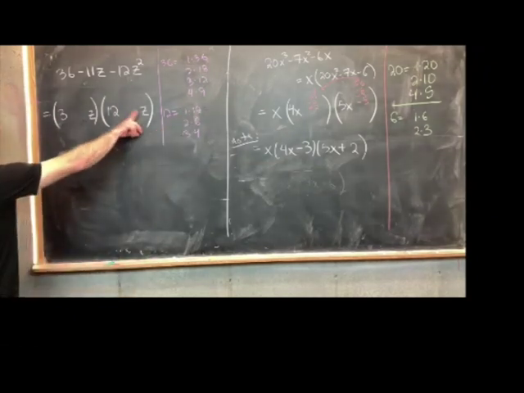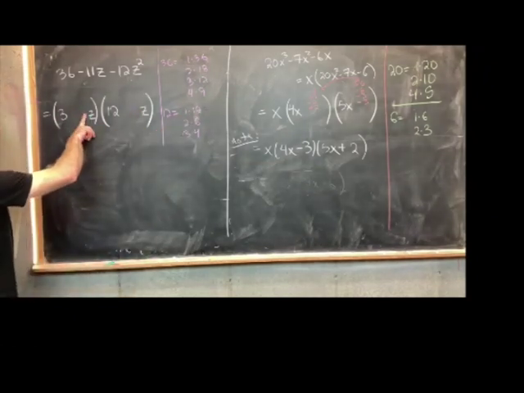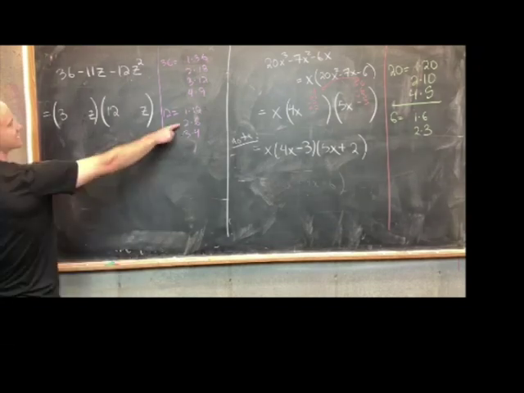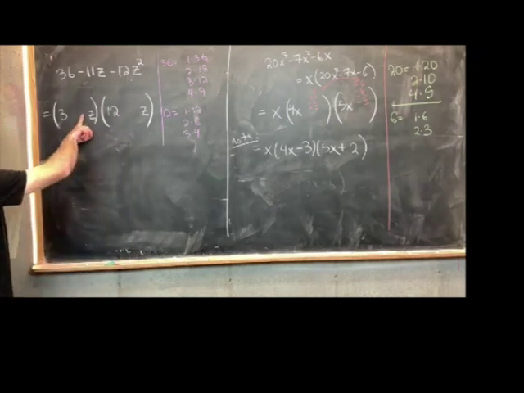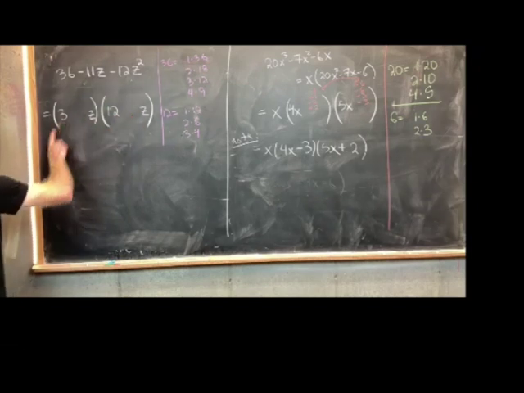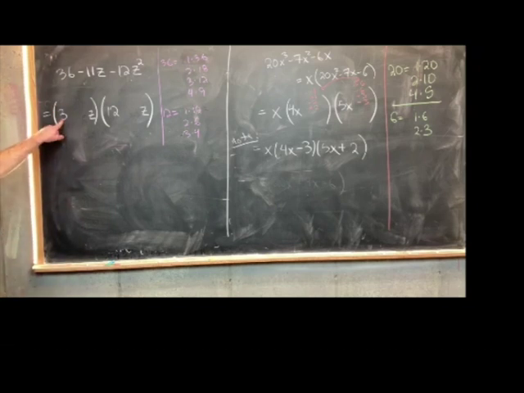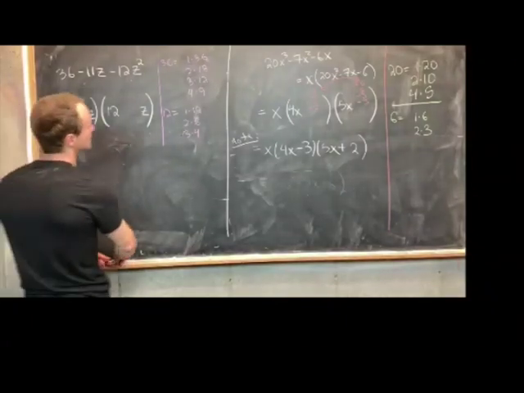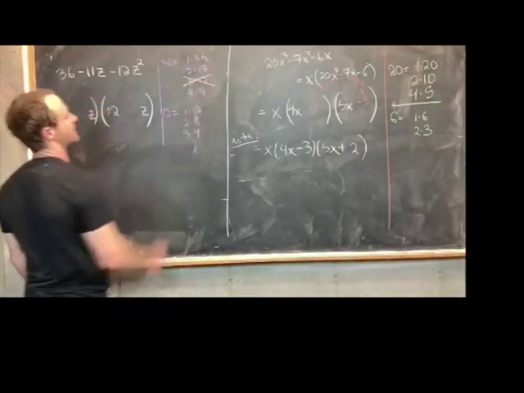So a 1 here and a 12 here, that's not going to work. A 12 here and a 1 here is also not going to work. Well, let's maybe try this 2 and 6 in reverse. So if we put a 2 here and a 6 here, so 2 times 12 is 24, 6 times 3 is 18, but that's not going to add up to negative 11. So it looks like this choice of a 3 here and a 12 here will not work. So we've ruled out this 3 and 12.